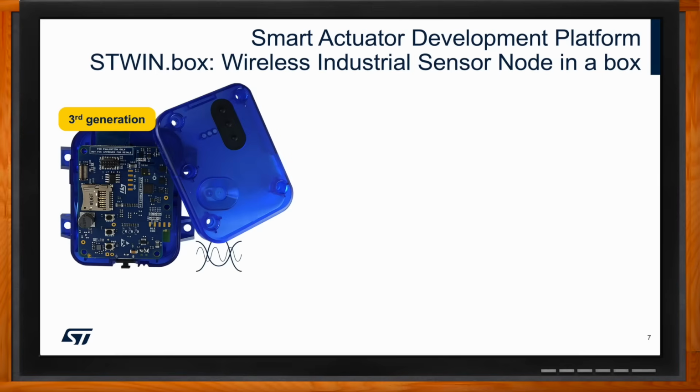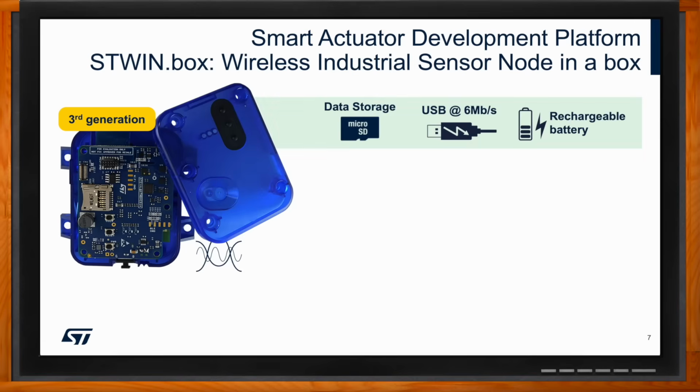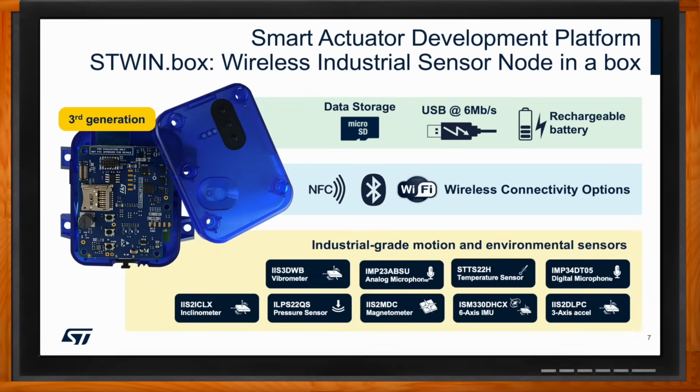Our STWin.box is the third generation of a connected industrial sensor node. It is an all-in-one reference design for rapid development and field testing of industrial IoT solutions. It embeds an ultra-low power MCU and a wide range of onboard sensors: 9 degrees of freedom motion sensing, wide bandwidth vibration, audio and ultrasound, very precise local temperature, and environmental monitoring.